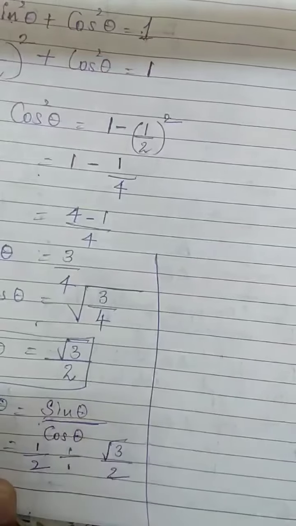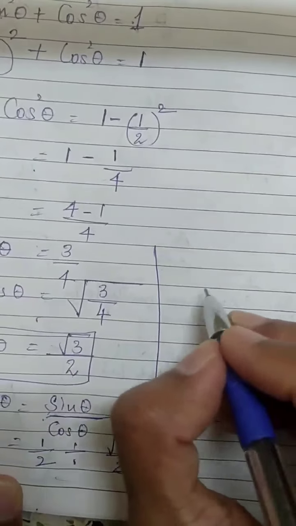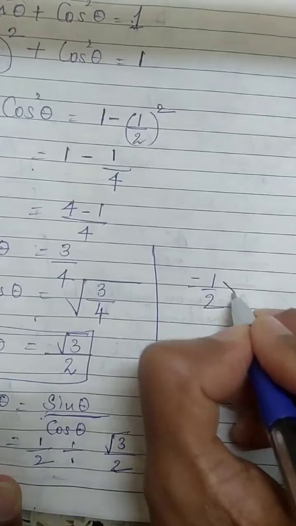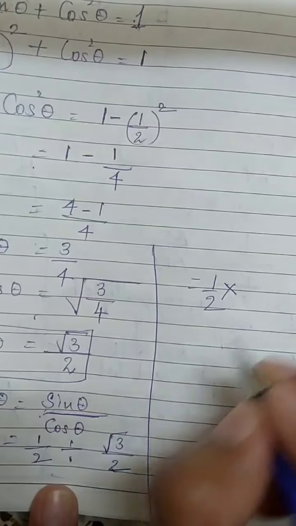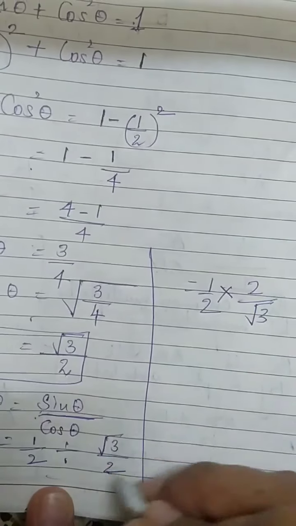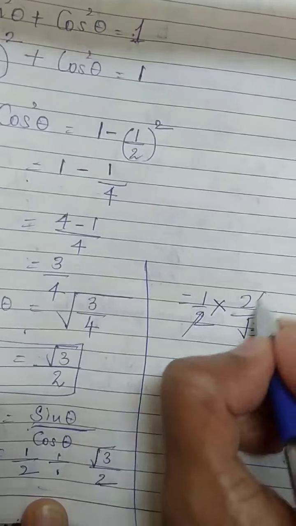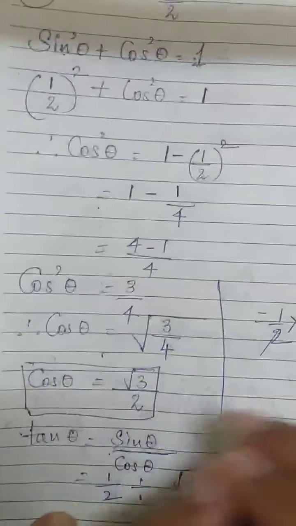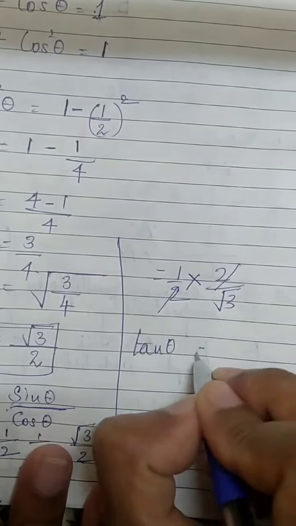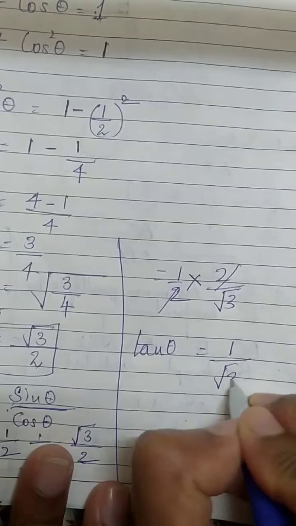If you solve it, you will get 1 upon 2. In place of division, multiplication, so reciprocal, 2 upon root 3. Reciprocal you will write. Now 2 cancel. So what is tan theta? Tan theta is equal to 1 upon root 3.